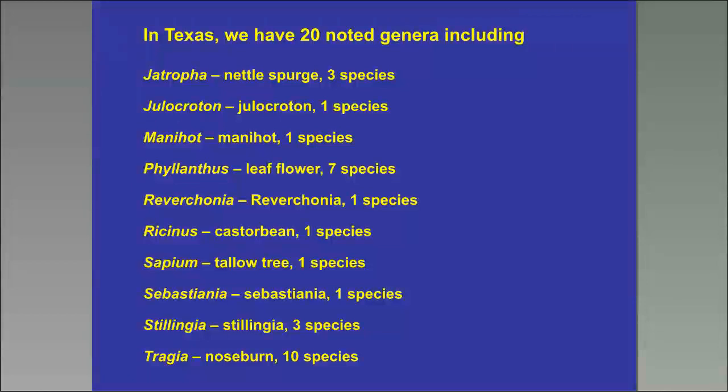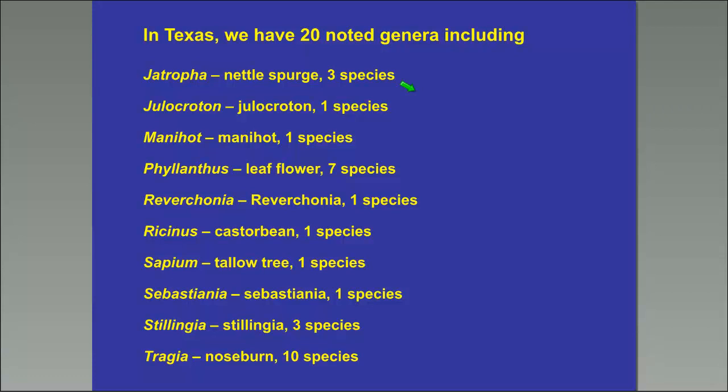So this second screen is showing you, starting with the genus Jatropha, we have 3 species of Jatropha in Texas, and these 3 species are all poisonous to humans, because one of the characteristics of this family is that many of the plants can contain a white fluid or a clear fluid.